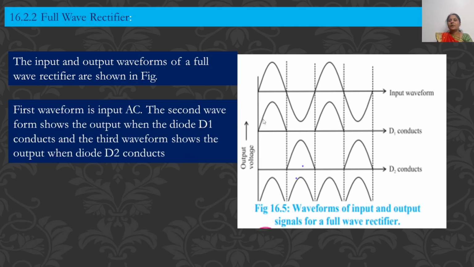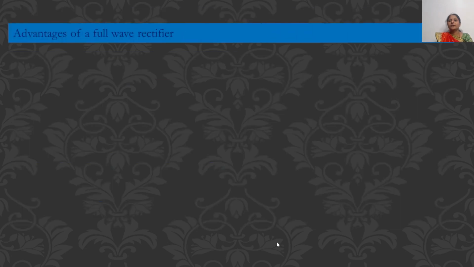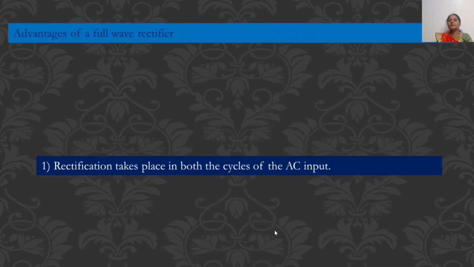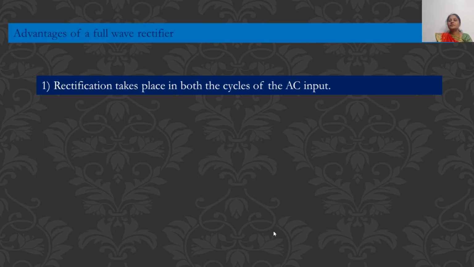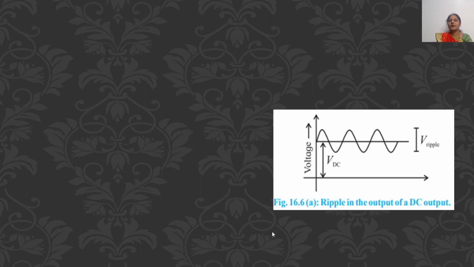The second waveform shows the output when diode D1 conducts, and the third waveform is the output when diode D2 conducts. And the fourth waveform shows the total output wave of the full wave rectifier. Advantages of the full wave rectifier: number 1, rectification takes place in both cycles of the AC input. Second, the ripple in the full wave rectifier is less than that of the half wave rectifier.